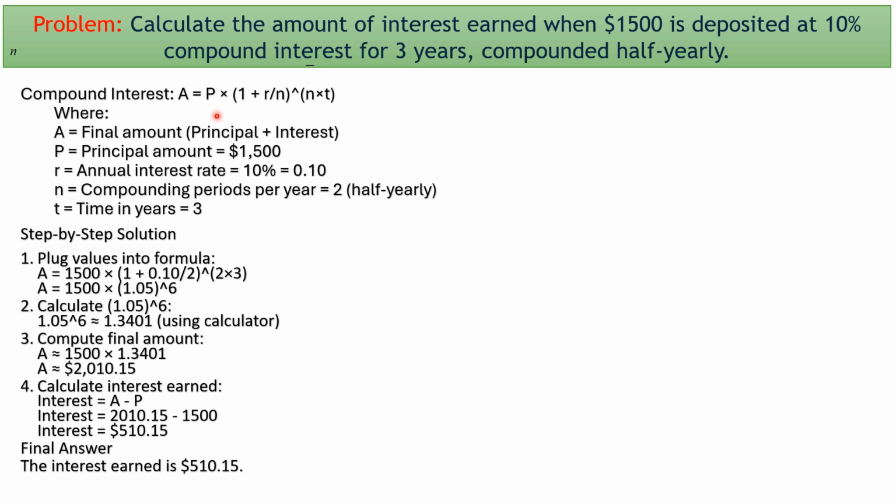P is given in the question. So A minus P, you get the interest amount. P, R, N and T are given in the question, but the interest amount is not given. So therefore, by finding out A, you can deduct P from A so that you can find out the answer. So this is how we found 510.15 as the interest amount.